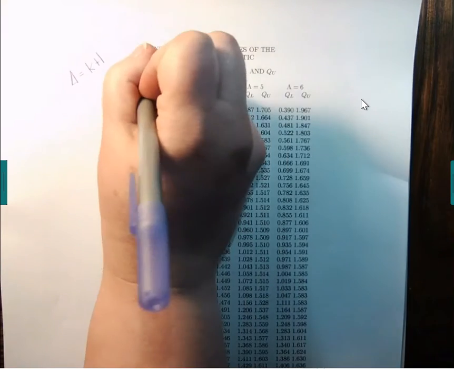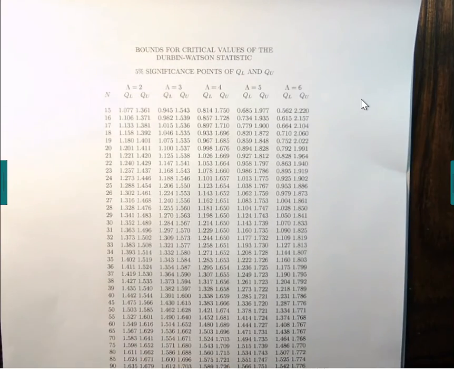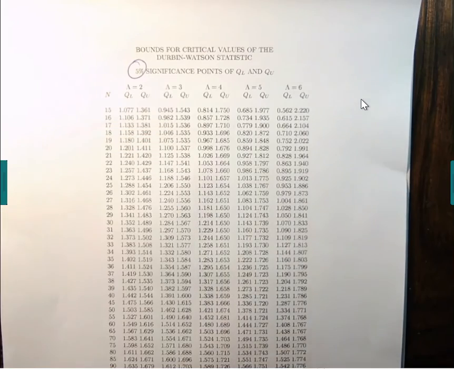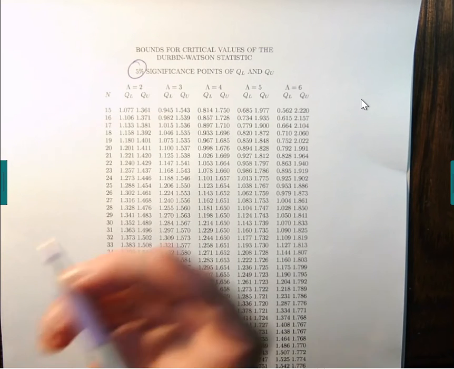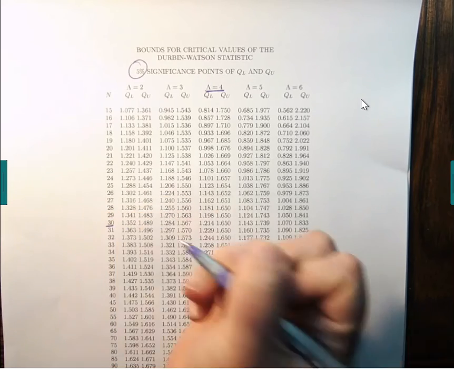And then also the tables up at the top should tell you the level of significance. So this page of the table is a 1%. I'll turn a couple pages and you'll notice here is a 5% table. So for our particular example, we do want alpha equal to 0.05, so I'm going to use the 5% table, and notice that our k is equal to 3, so I'm going to want these columns. And then also notice that our n is equal to 30, which is right here.